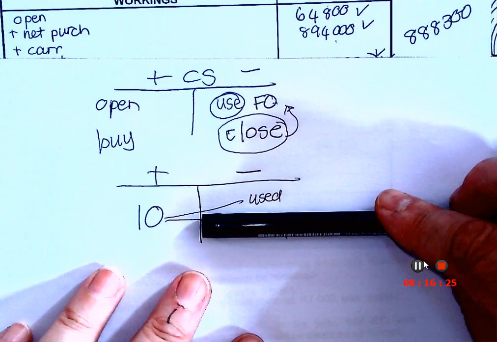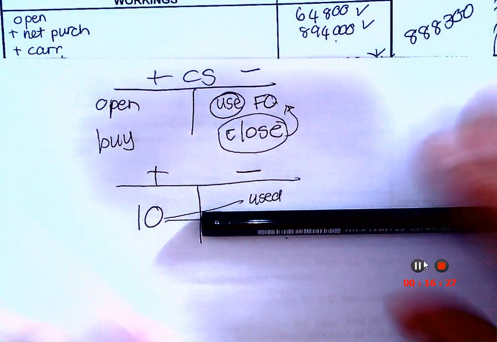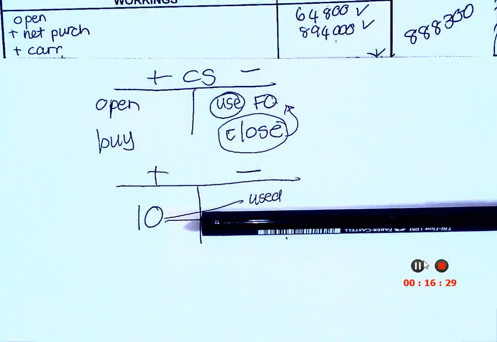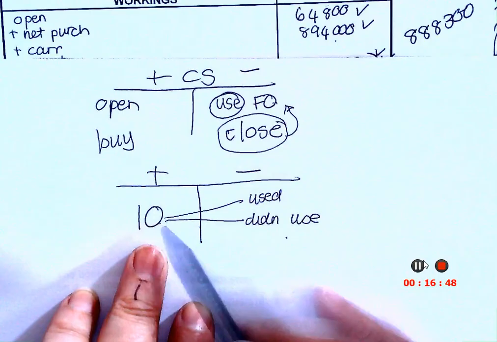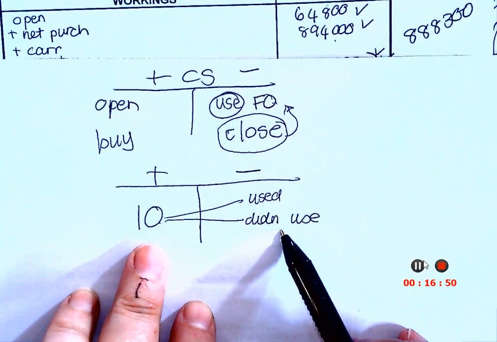You got it? If I say to you, you bought 10 pens, but there's nothing left. How many pens did you use? 10. But if I say to you, you bought 10 pens, but you have 3 left, how many did you use? 7. It's the same principle. They say to you, you bought 10 pens, but they don't say to you, you didn't use anything.